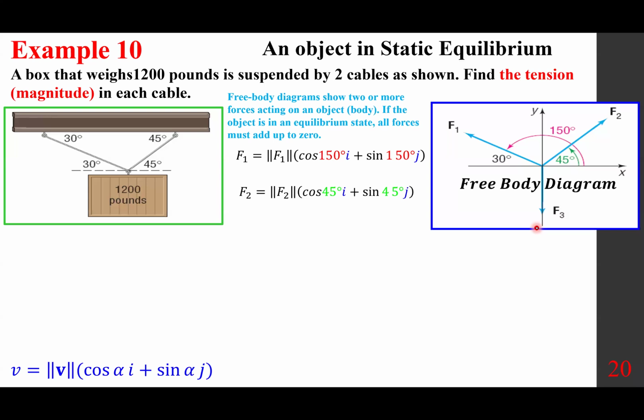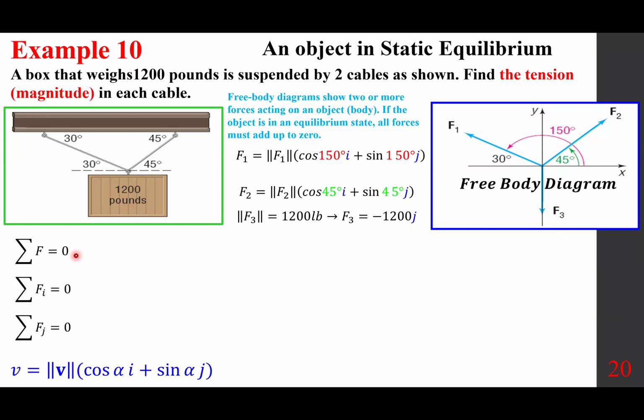F3 is simply 1200 pounds, which means negative 1200j because of the direction. Or you can write this as 270 degrees. Put it here, this becomes 0, this becomes -1. So please understand F3, the weight, is always towards the center of gravity, the center of the earth.